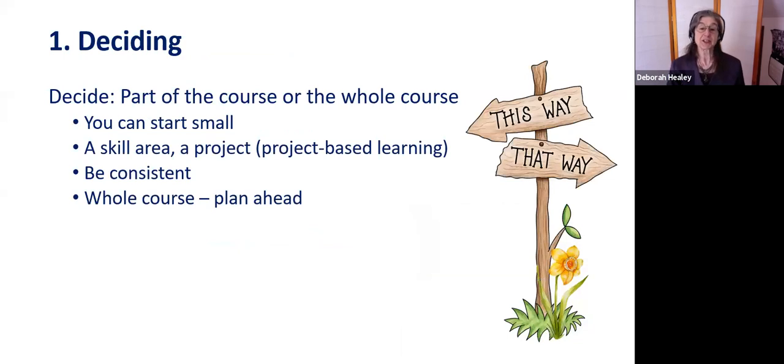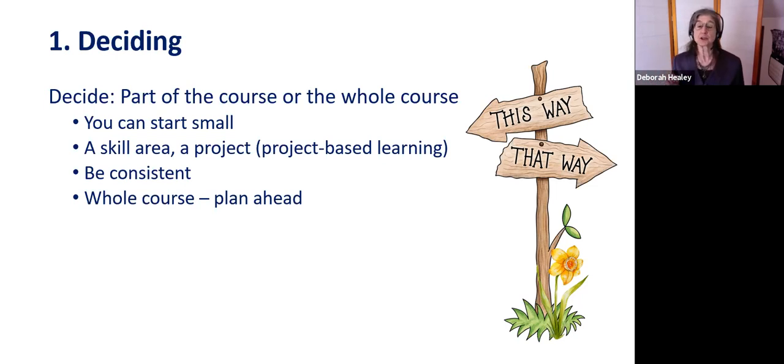The first step is to decide if you want to begin by gamifying one element of the course, such as a skill area, or the whole course. You can go either way, but be consistent. If you're doing one skill area, such as reading or vocabulary or grammar, be sure to gamify it consistently. Use points that move up, have levels, show progress, and that sort of thing.